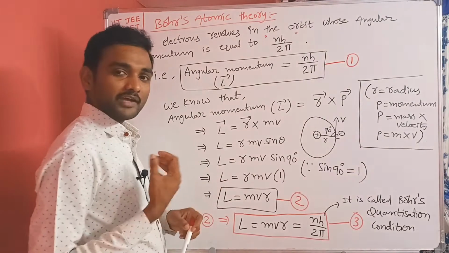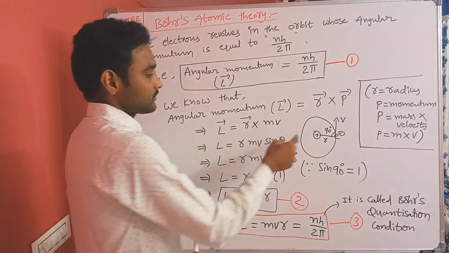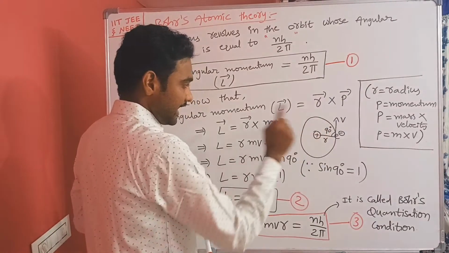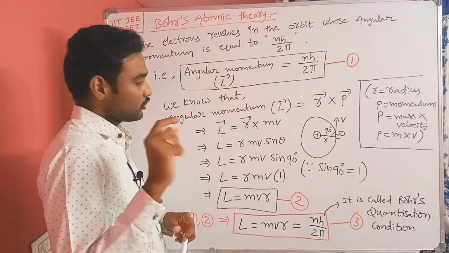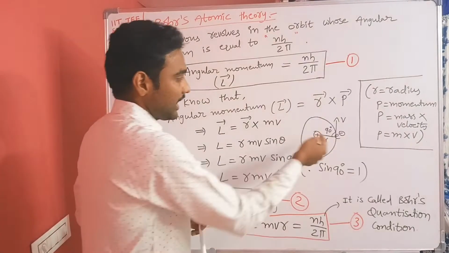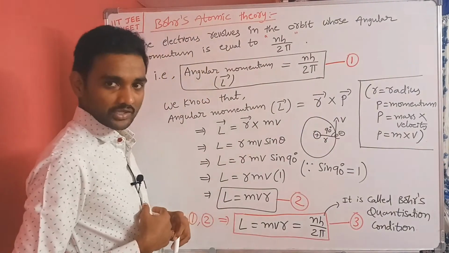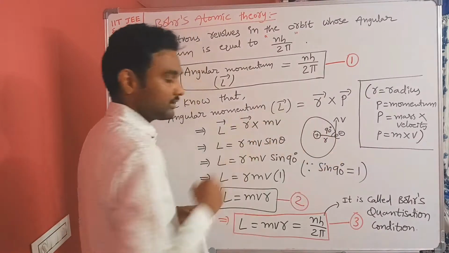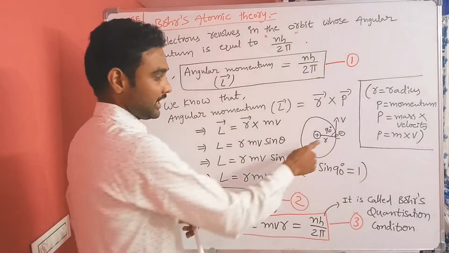Now how to find the theta value? According to Bohr, in the atom the nucleus exists in the middle, and electrons are revolving around the nucleus. The distance between the nucleus and the electron is called the radius r.